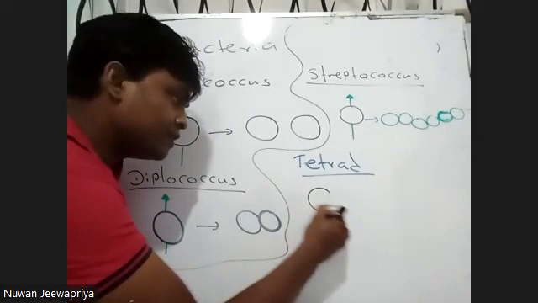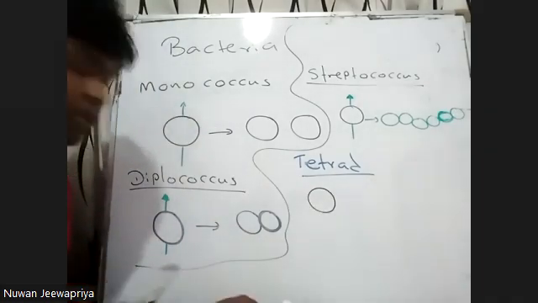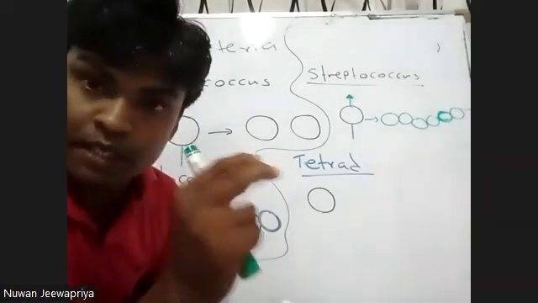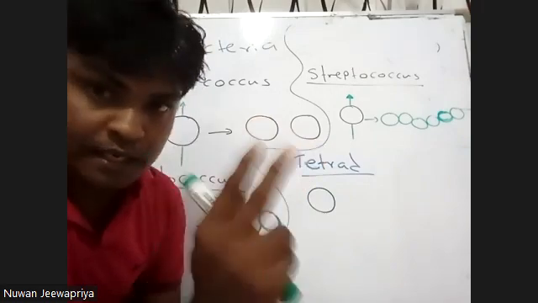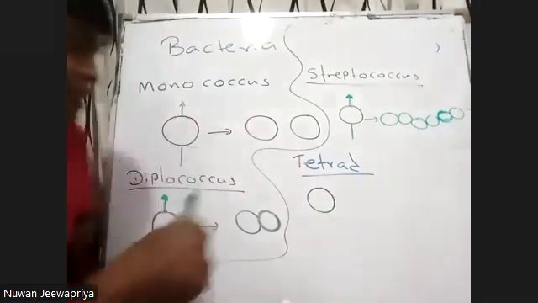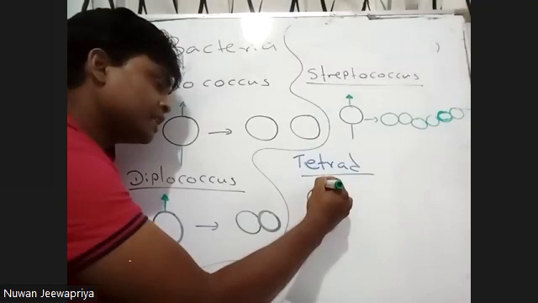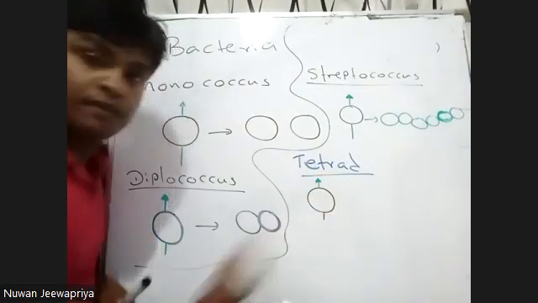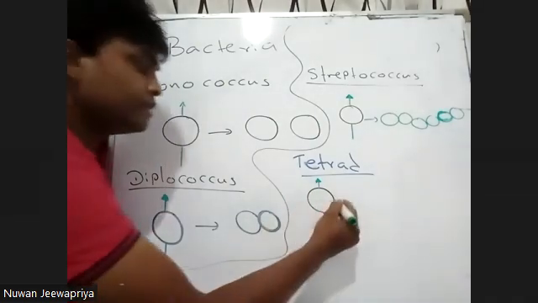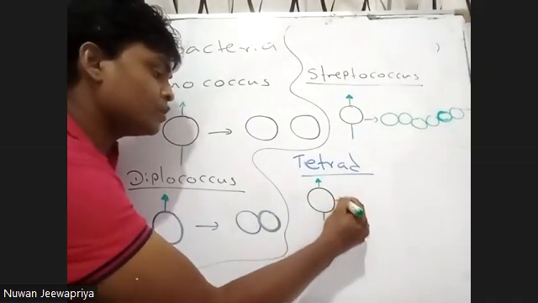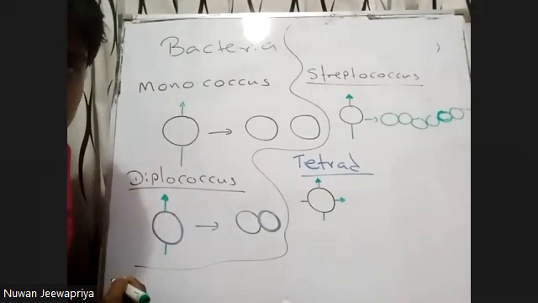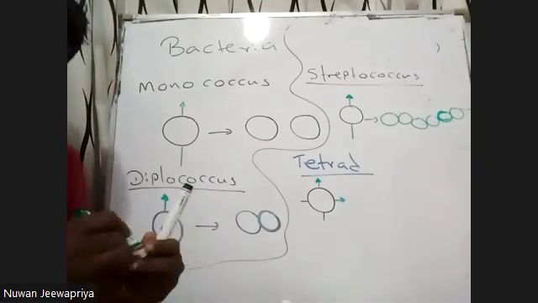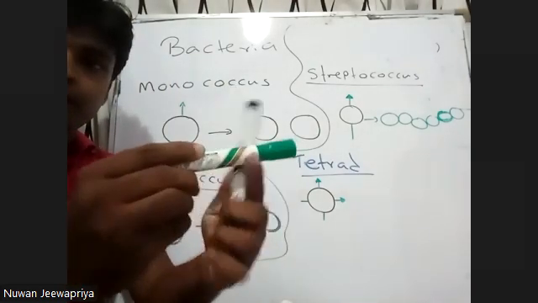If this is the mother cell, the cell division occurs in two planes. Now just imagine the cell division occurs in this plane that I show in green color, right? And the cell division occurs in this plane also, right? So cell division occurs in this plane and this plane.